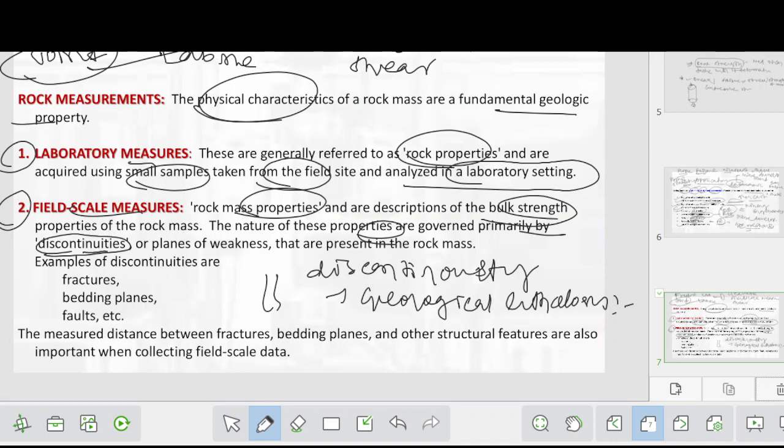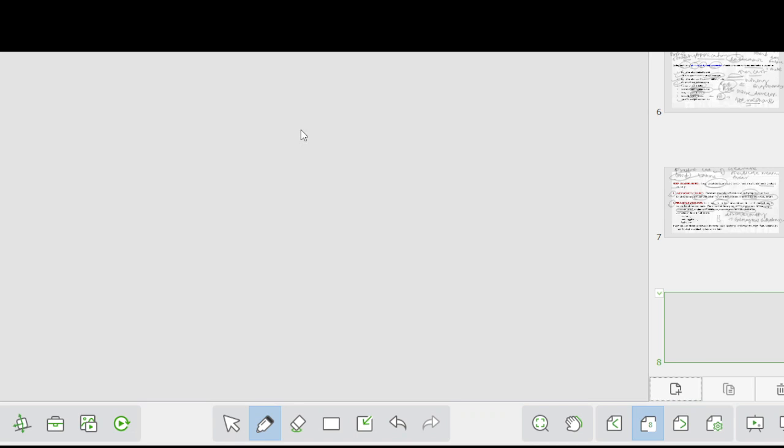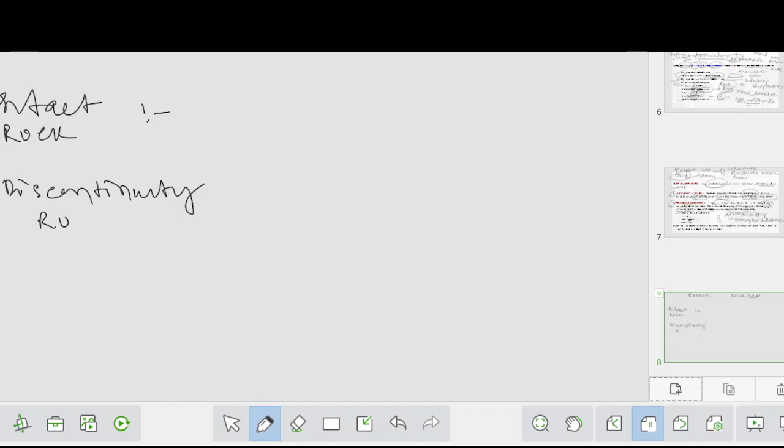Discontinuities or planes of weakness that are present in the rock mass. What is the basic difference between rock and rock mass? Tell me what a rock is, what a rock mass is, and one more terminology will come, intact rock, what is this, and discontinuity rock. Tell me.